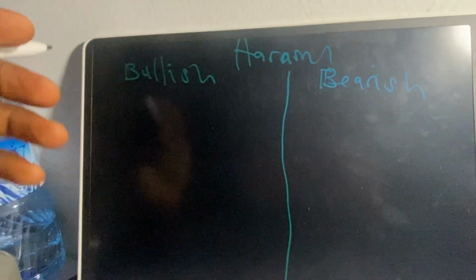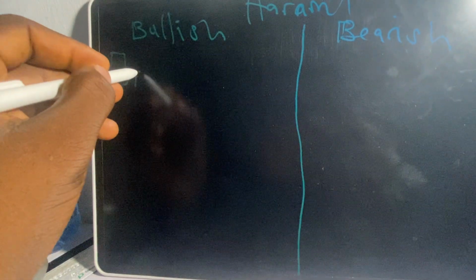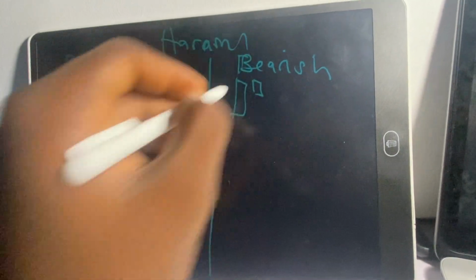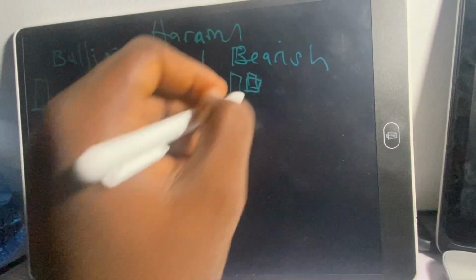That is two. So like we said now, this one is like this, then this, this is also like this, then this, then this.